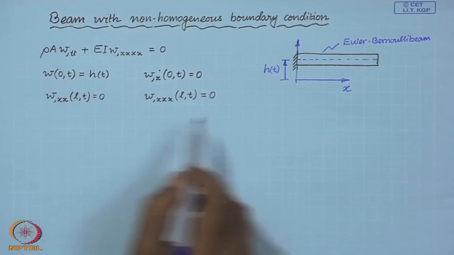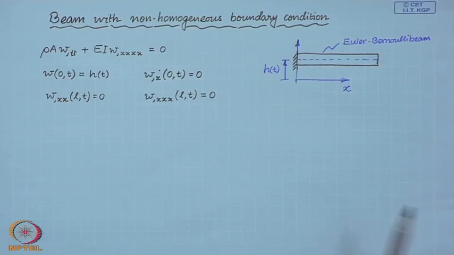Now, this is one kind of non-homogeneous boundary condition.